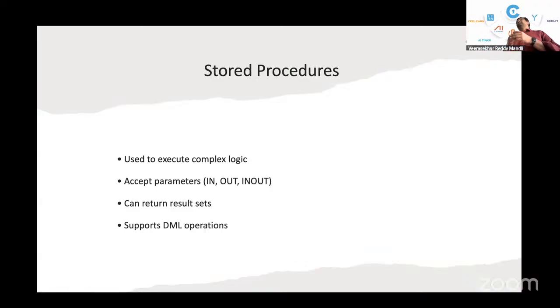The reason is that we are trying to skip the compile time. When you save our DQL statement as a view, it is already compiled and stored as object code. This object code directly executes when you call the view. When you call the view, it's the same as how you call a table. In the same way you can call it as select star from view name.